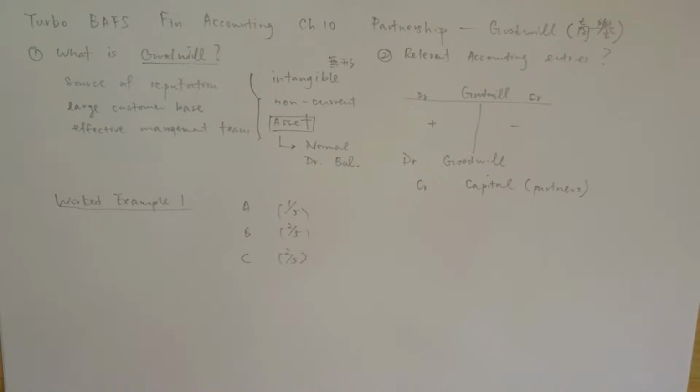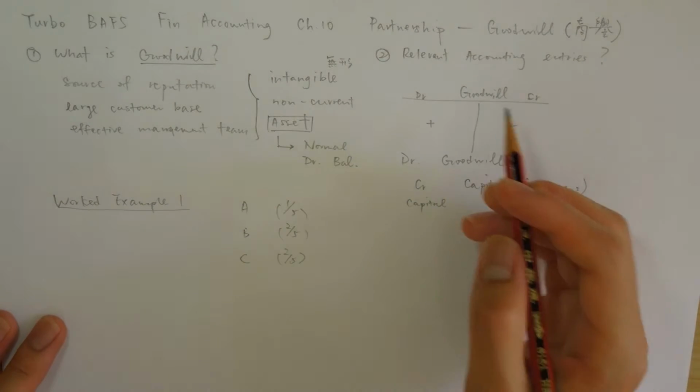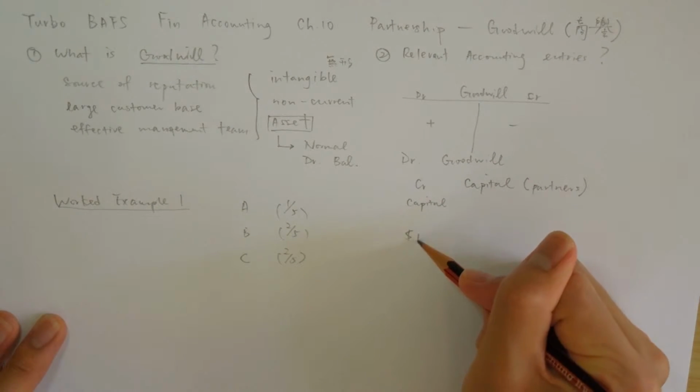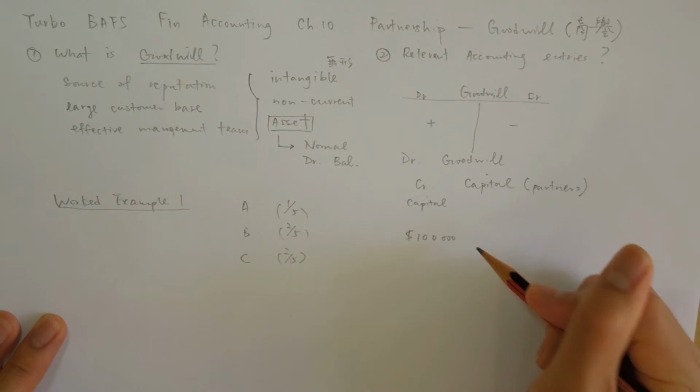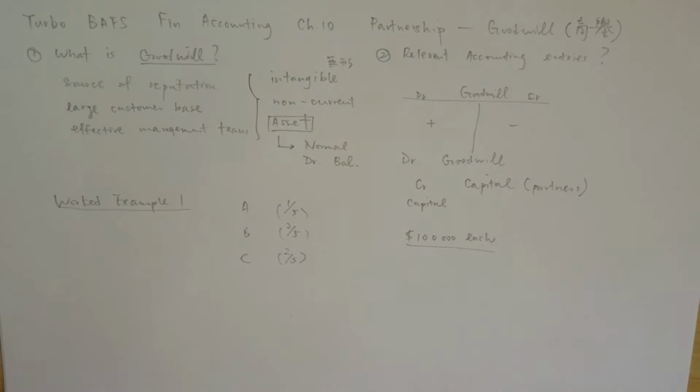And they contribute capital. The capital contribution of each one is 100,000 each. And then what you should focus on is how we share the goodwill among these partners. The goodwill's total here is 50,000.